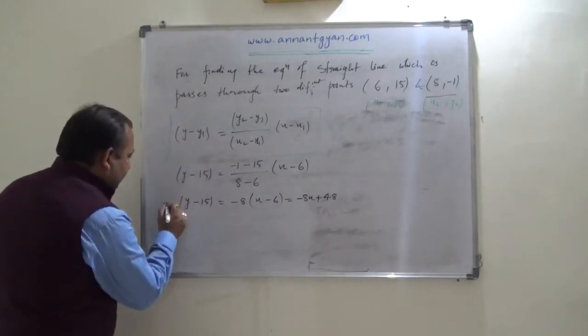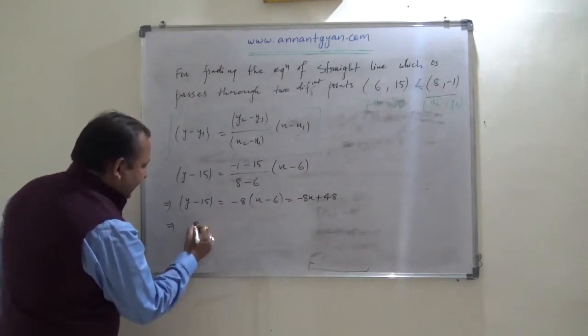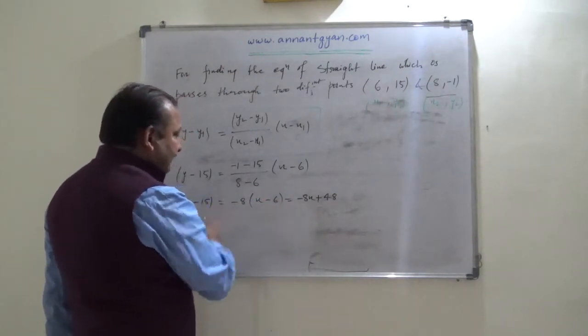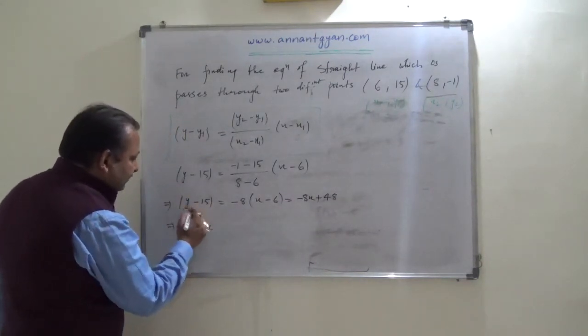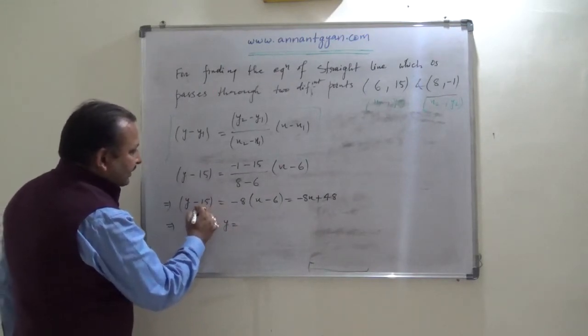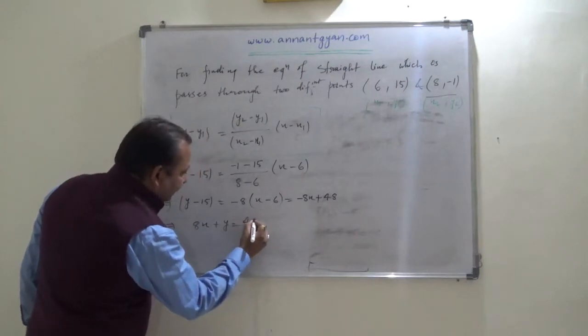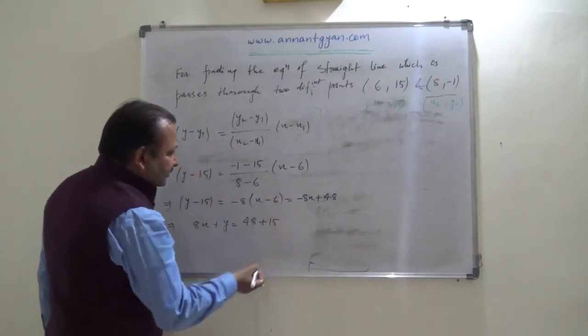So from this we shall shift the 8x from the right hand side to the left hand side. So this minus becomes plus 8x, plus this y, that is equal to this minus 15, which will be shifted from the left hand side to the right hand side. So we shall write 48 plus 15, this is minus, it becomes plus.